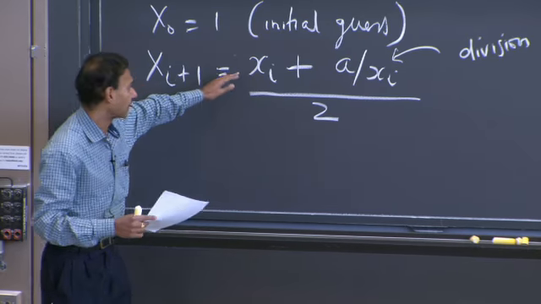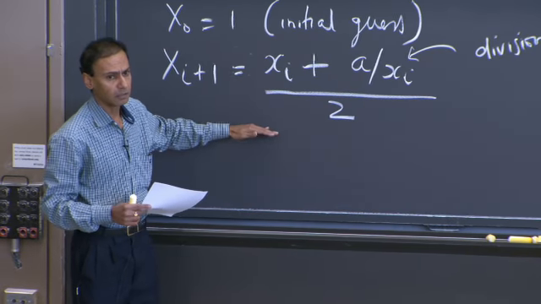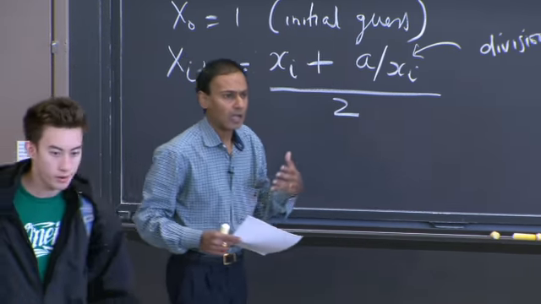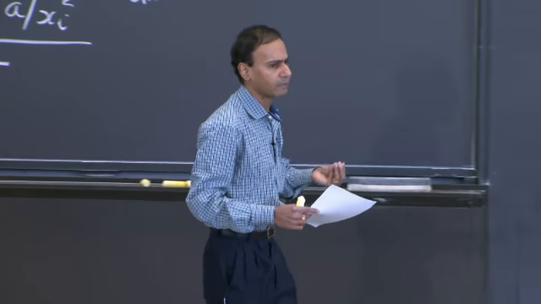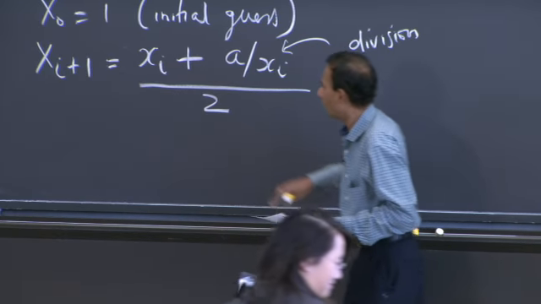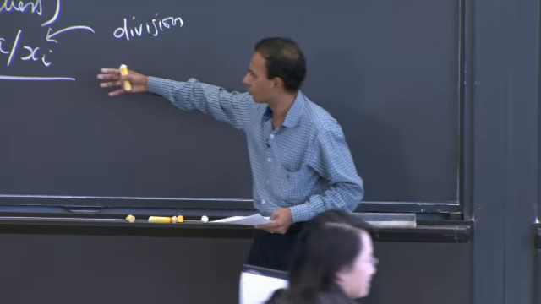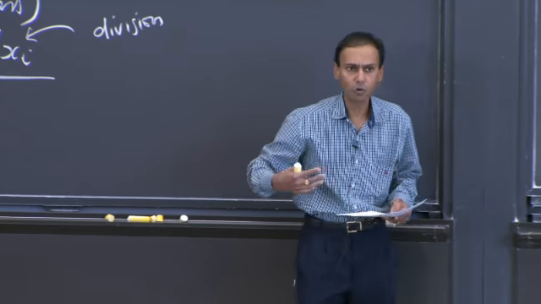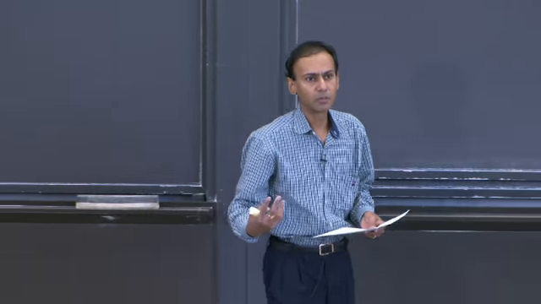I gave you an example, and it looked pretty good, but we didn't really prove anything about the rate of convergence. So what I'd like to do now is take a look at this particular iterative computation where we're computing x_{i+1} given x_i, and argue that this, in fact, has a quadratic rate of convergence.